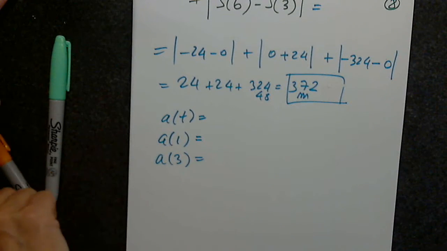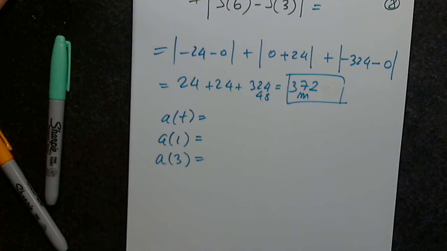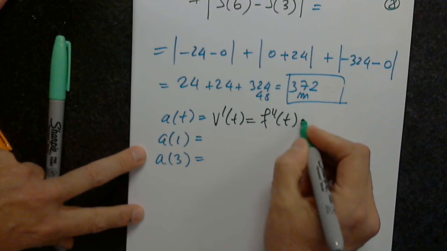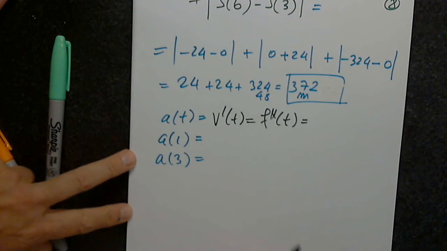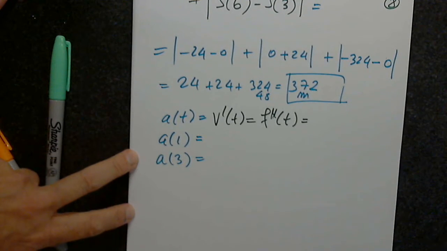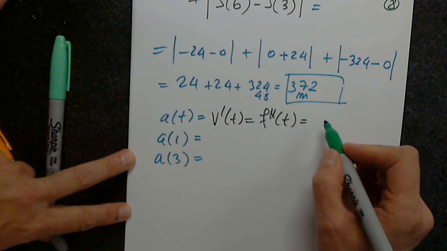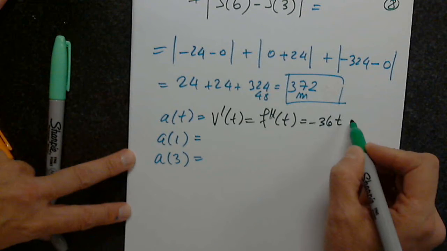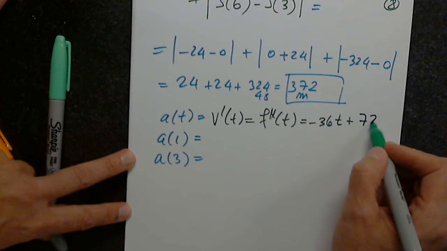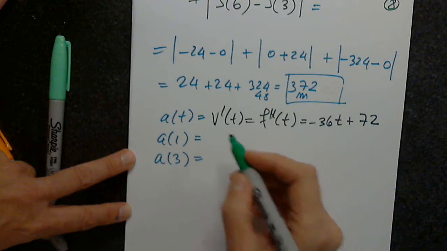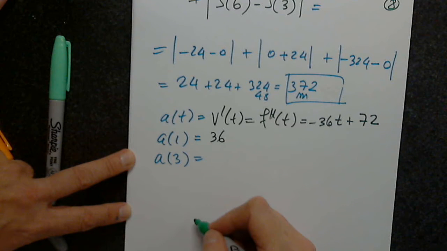Can anyone give us the acceleration function, which is the derivative of the velocity or the second derivative of the distance or the motion? Yes, negative 36t plus 72. So we have to plug in 1, so a of 1 will be 36.